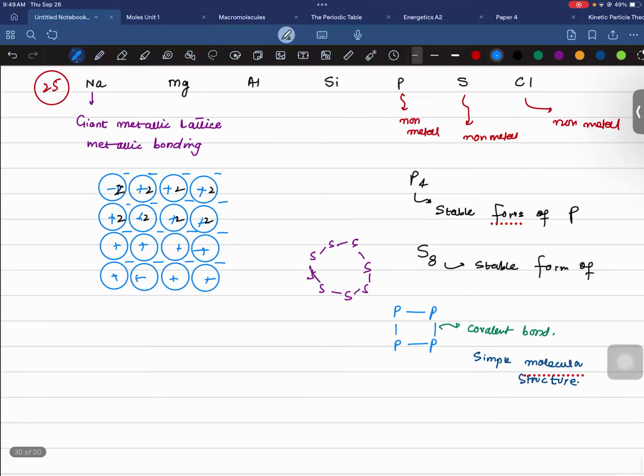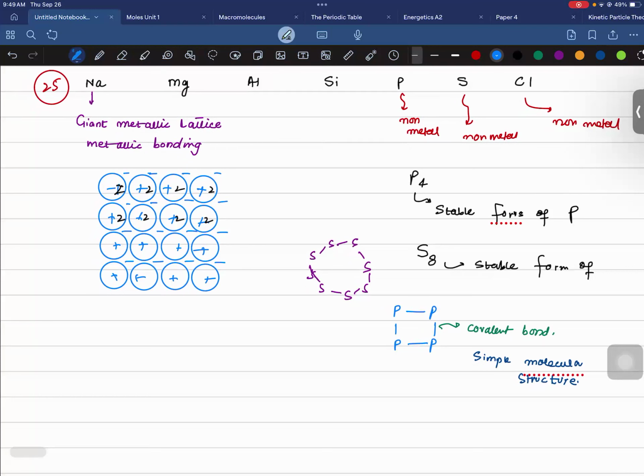So what do you think about chlorine? Chlorine will also be a non-metal, so it will have covalent bonds too. Can you tell me the stable state of chlorine, as I told you for phosphorus and sulfur? Yes, this is chlorine, simple Cl2.